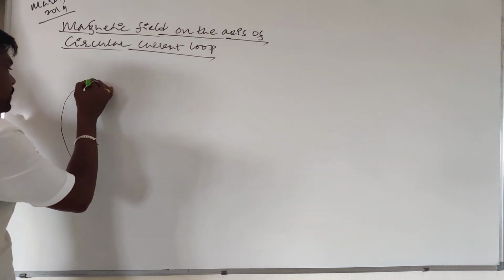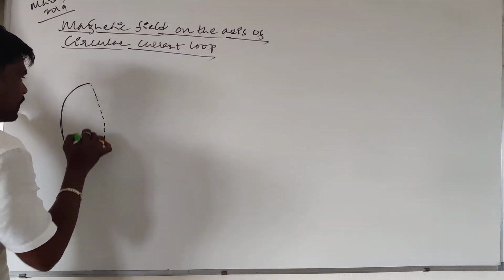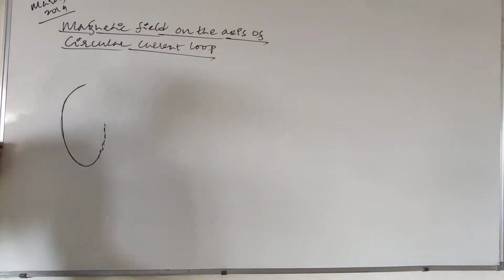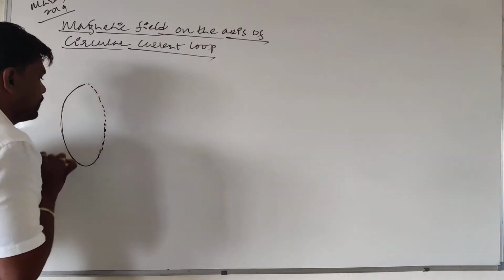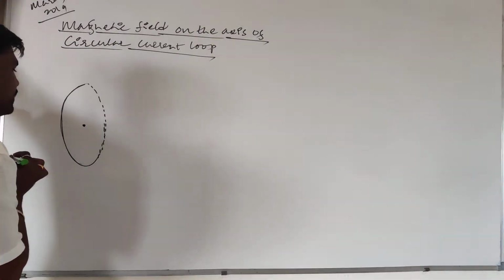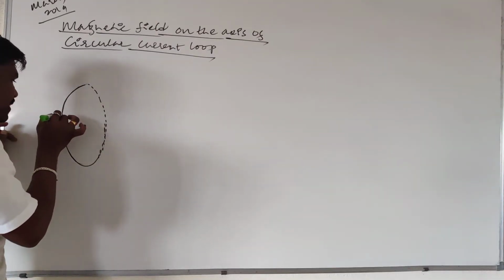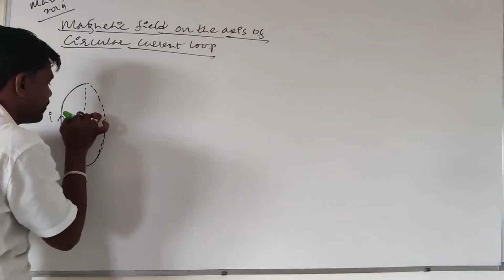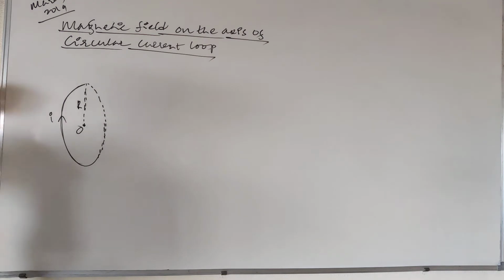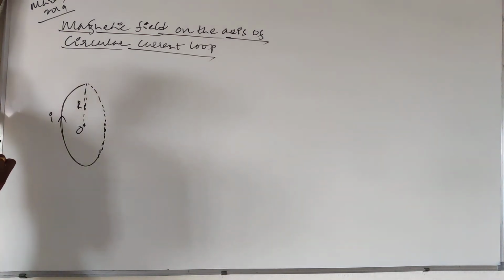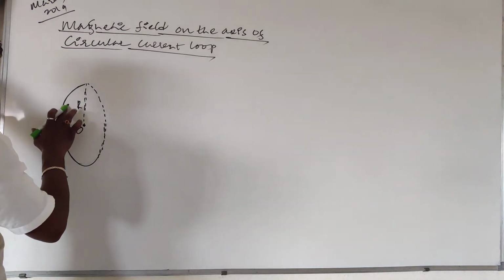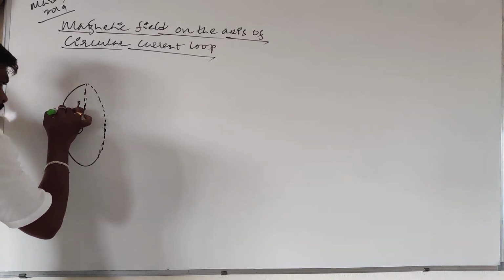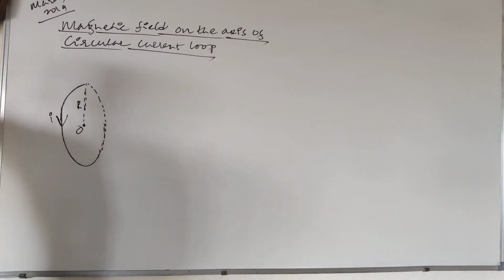I am going to consider here, this is center O. The current is flowing as I. From here to here, the radius is R. The current is flowing in this direction.